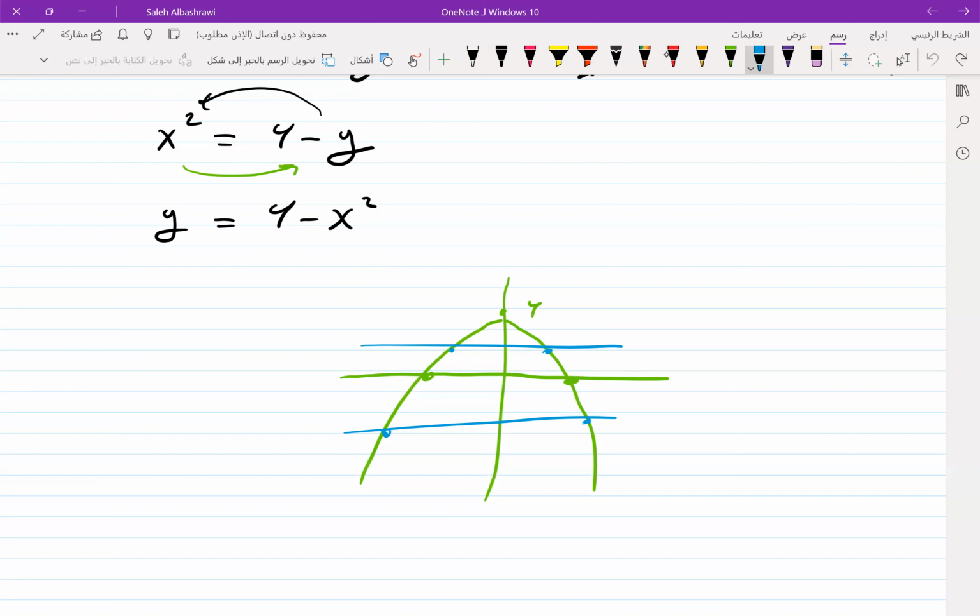It is a function y equal to 4 minus x squared, and to make it one-to-one so that the reverse will be okay, we have to give some restriction for the domain for x. So for this one, we will say x with one condition, x greater than or equal to 0.